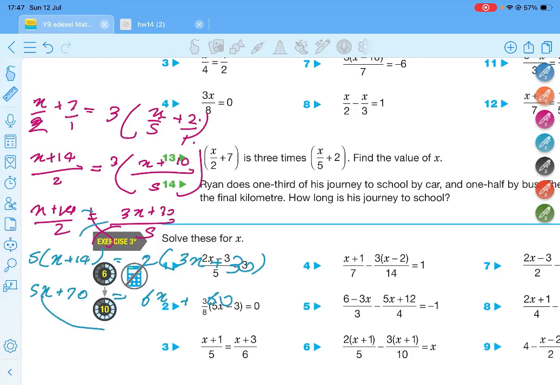2 times. Here goes to here. 60 goes to here. 10 equals x. You need to check by substituting here. It is 2.